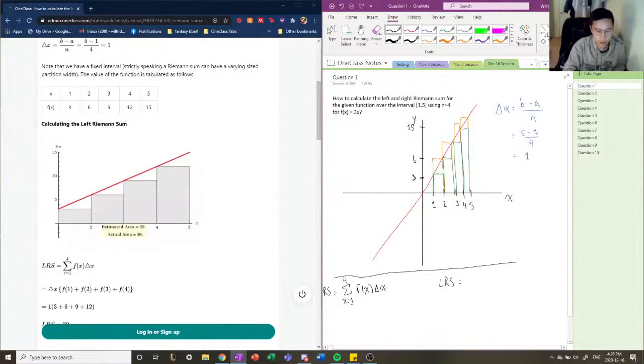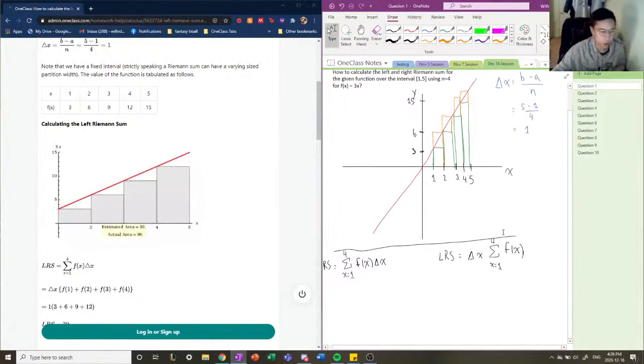With this notation, we could take the constant of the width out, and we just need to add up all the values of the left Riemann sum. Right, so from 4 to, okay, x equals 1, so that will be equal to f of x.